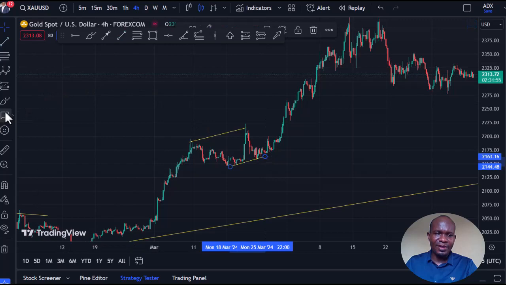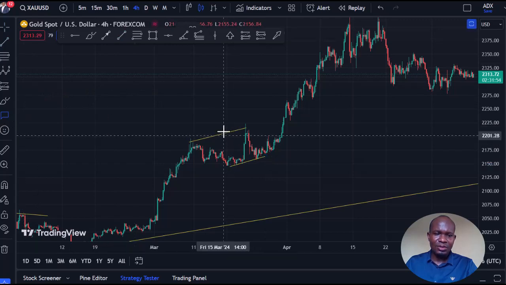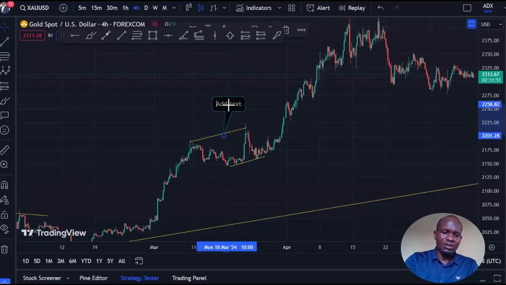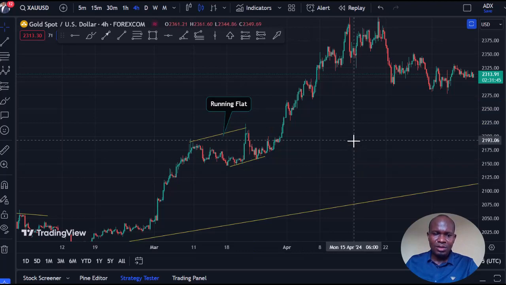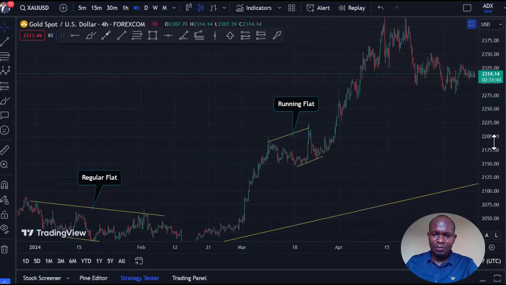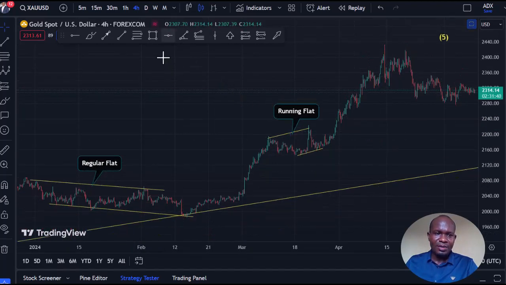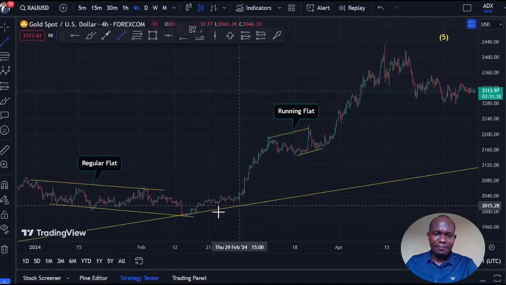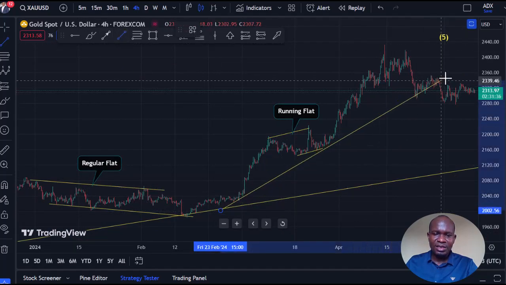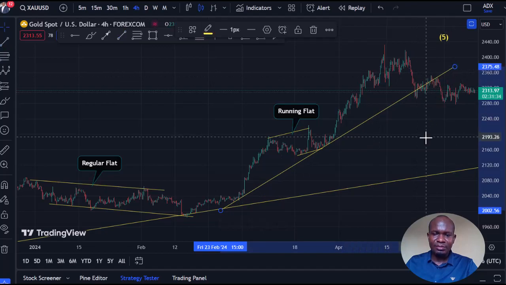So this is a running flat. You can label it too. Permit me also to put in the trend, because we have an impulse, correction, and impulse, so you can put in the trend, which actually is broken.